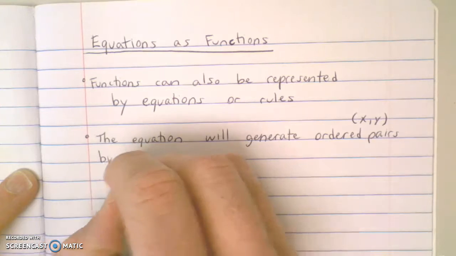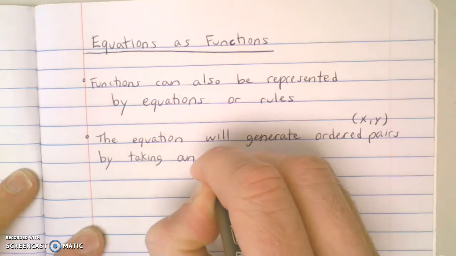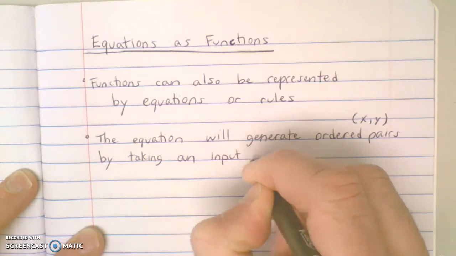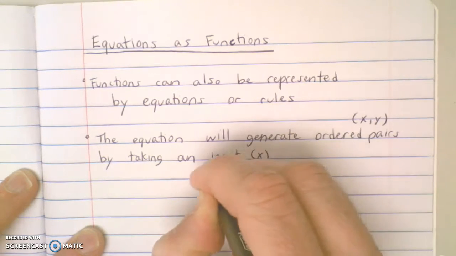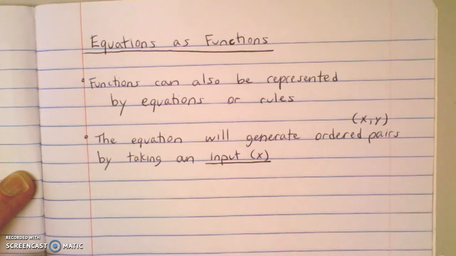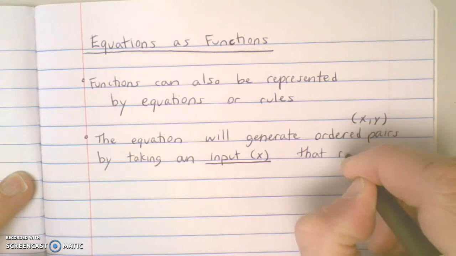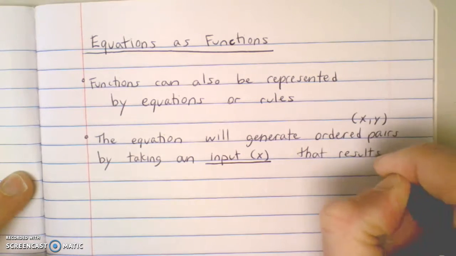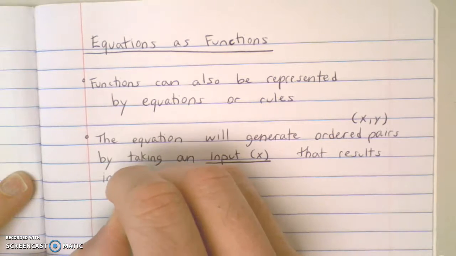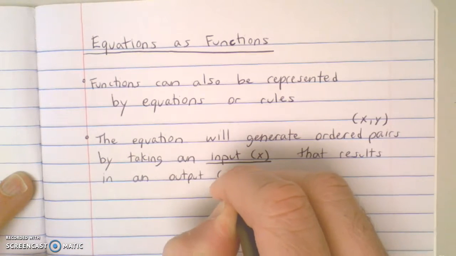By taking an input, which is your x value, I'm going to underline that because it's a key word, that results in an output, the y value.